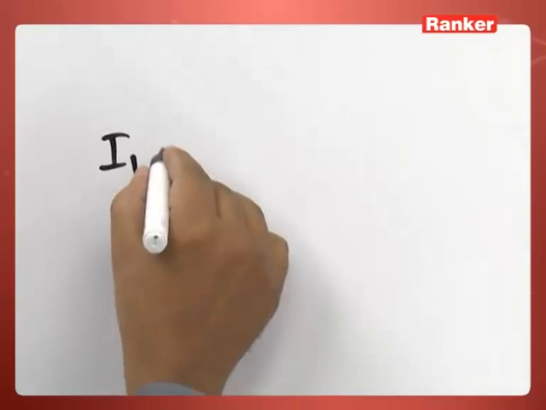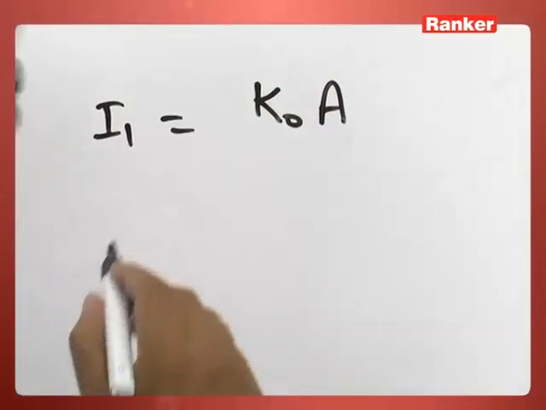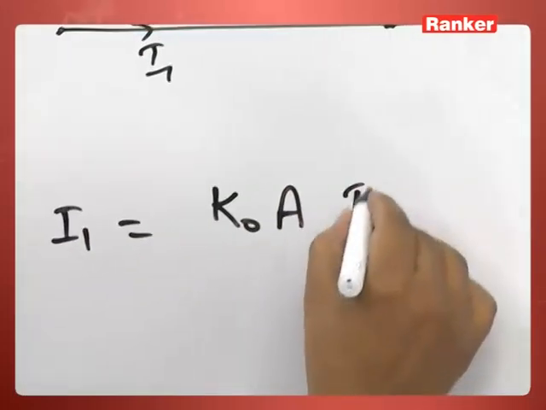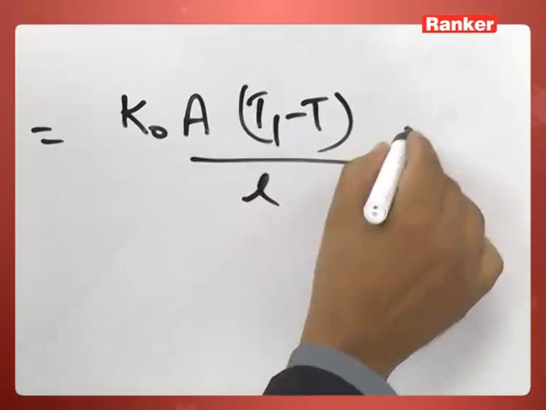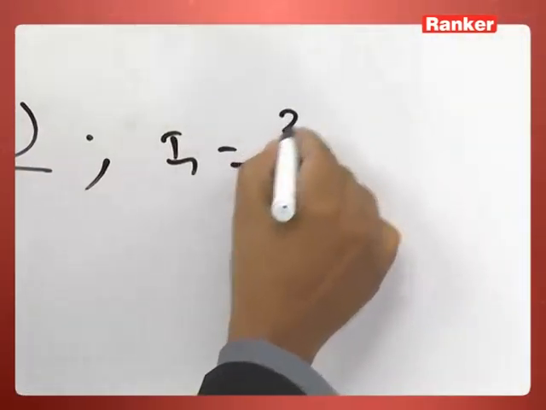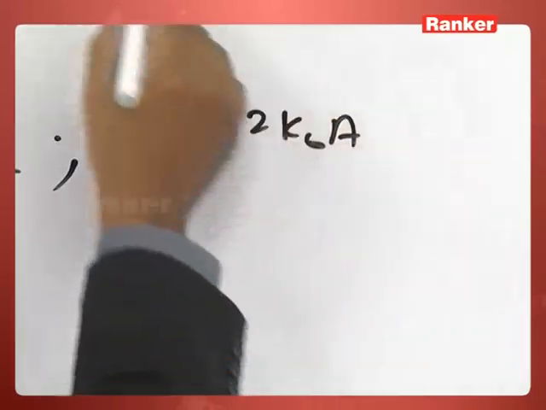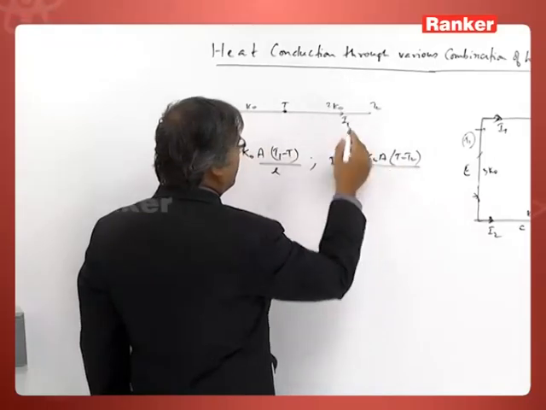This I1 is equal to K naught, area of cross section A, suppose T1 is more, so heat flows, T1 minus T by L. Similarly, here I1 is equal to 2 K naught A, temperature T is higher than T2, so T minus T2 by L.